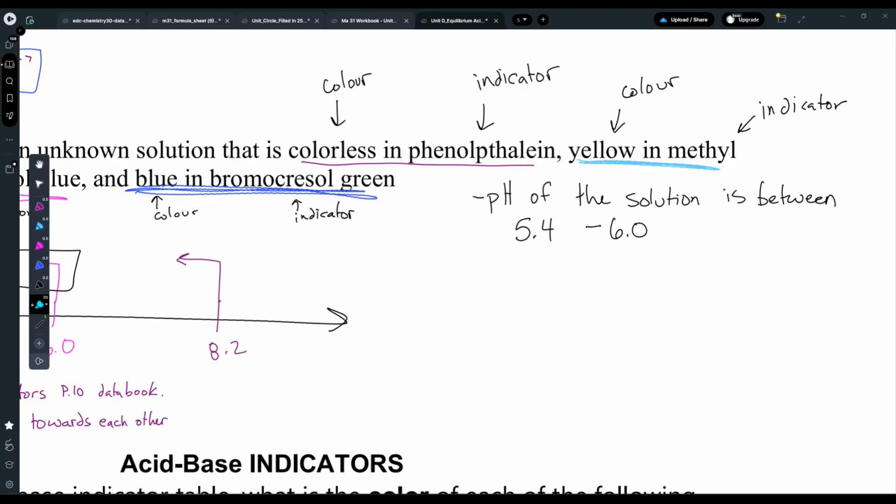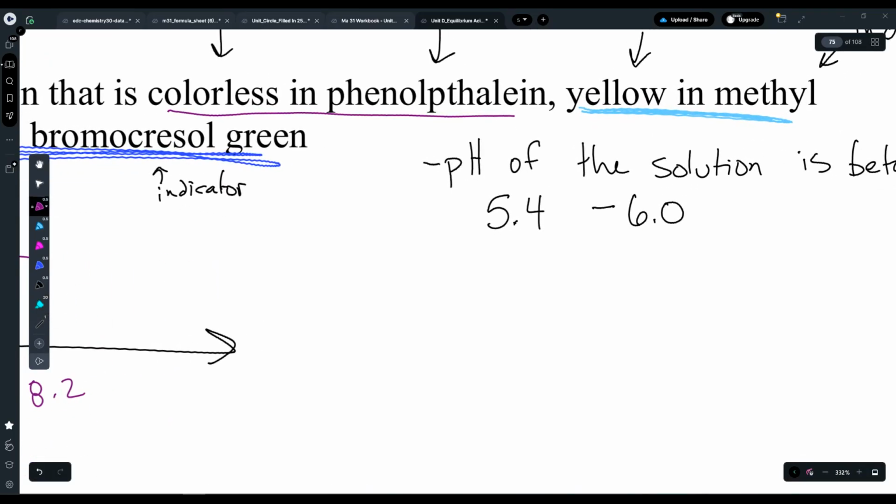The difference between 5.4 and 6 is 0.6. 0.6 divided by 2 is 0.3. You can either add it to the lowest value or subtract it from the highest value. Either way is fine. So 5.4 plus that 0.3 gives us 5.7.